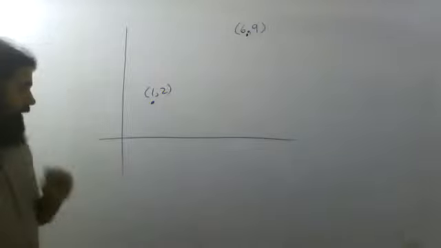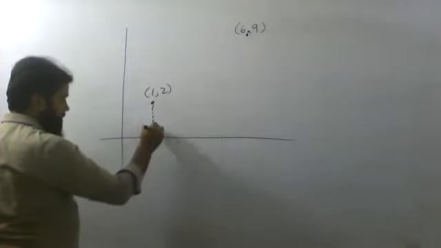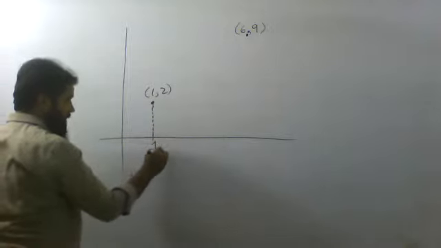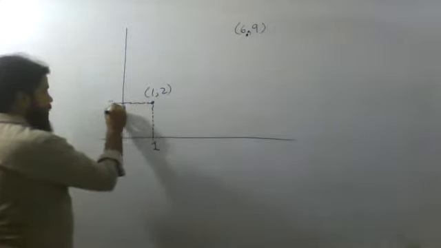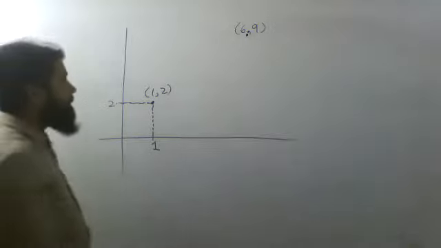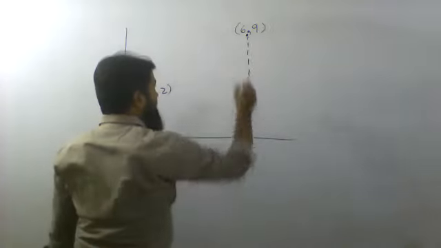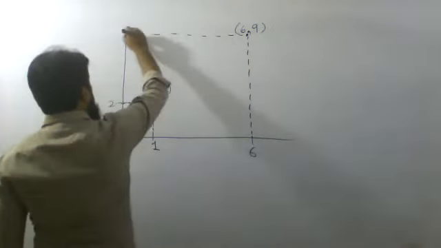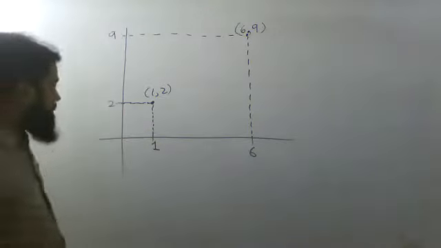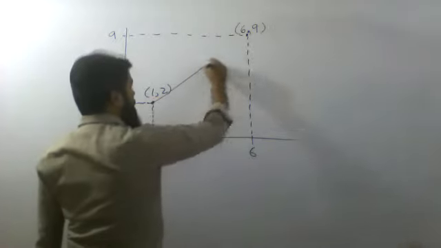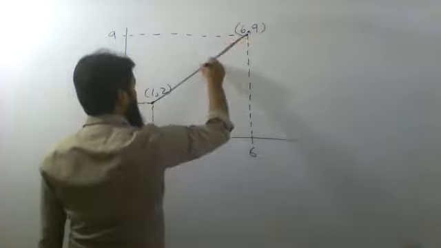So what can I do over here? Let's see. If I'm talking about this one, this is 1 and this is 2, right? This is 6 and this is 9. Okay? I have to find this distance. This one.